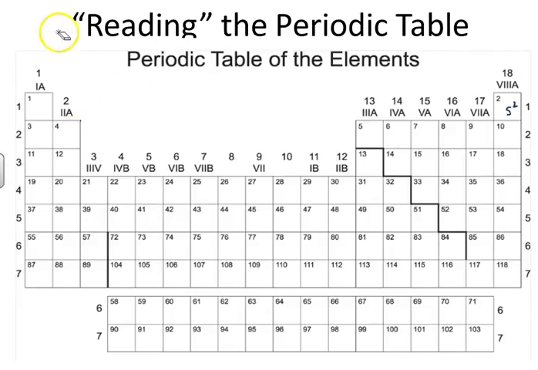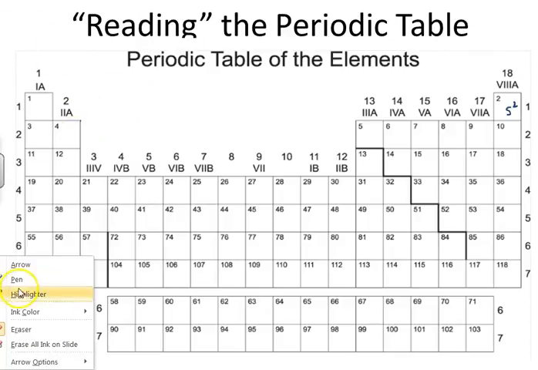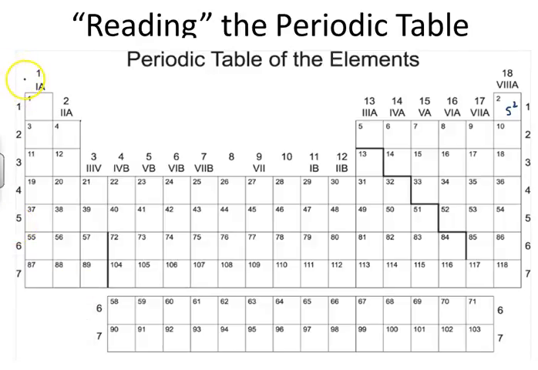So in reading the periodic table, as we look at the blocks, this is the S block. All elements in this particular family, or these 2 families, are going to end with ns1 or ns2, where n is the energy level number, but n is also the period number.